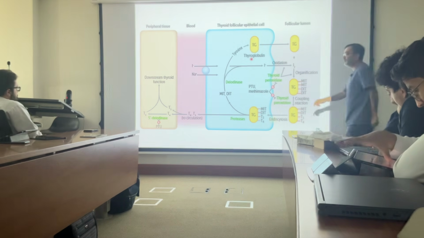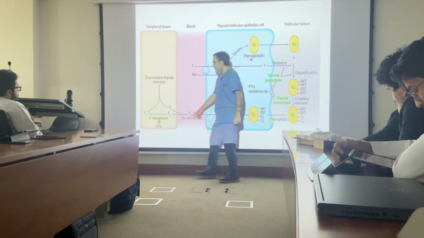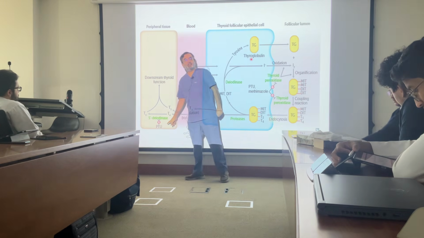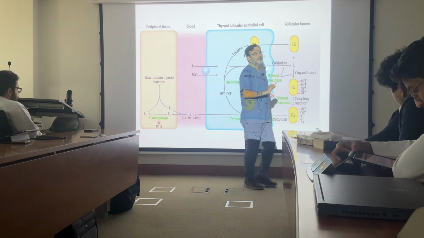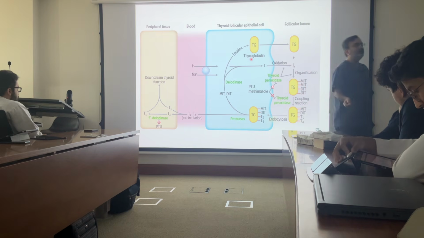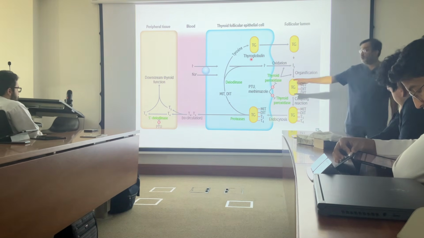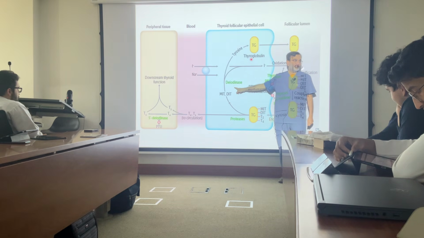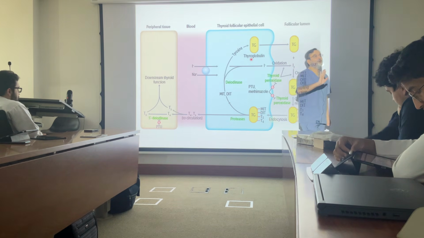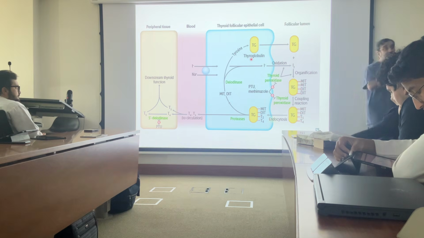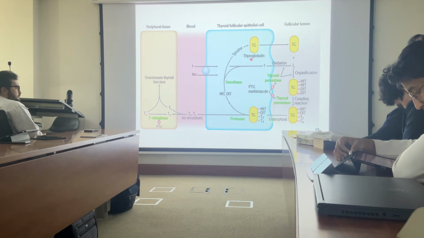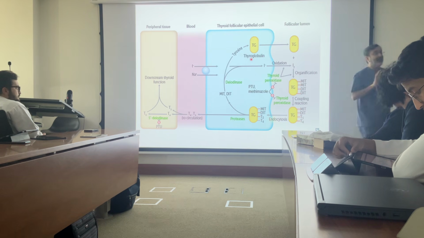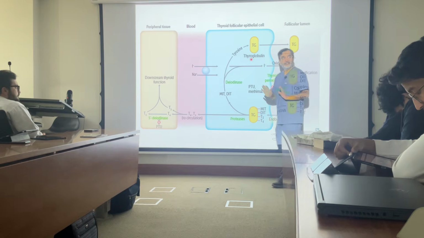So in the tissues, you have 5' deiodinase, which is going to change the T4 to T3. But this tissue deiodinase is different from the thyroid deiodinase. Tissues have their own deiodinase, called the tissue deiodinase, which will convert the T4 to T3, the active form of the hormone.